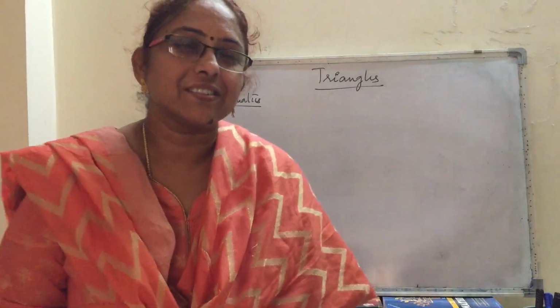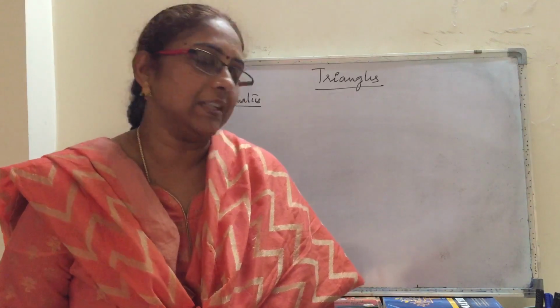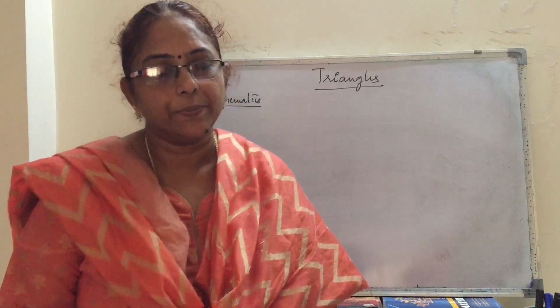Good morning, students. Today we are going to start a new chapter, that is triangles. Before going to the chapter, let us discuss some terms which are related to our topic.